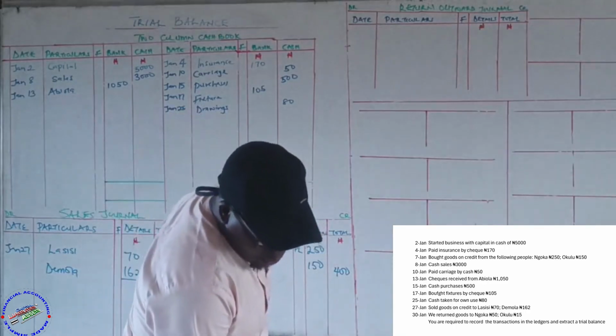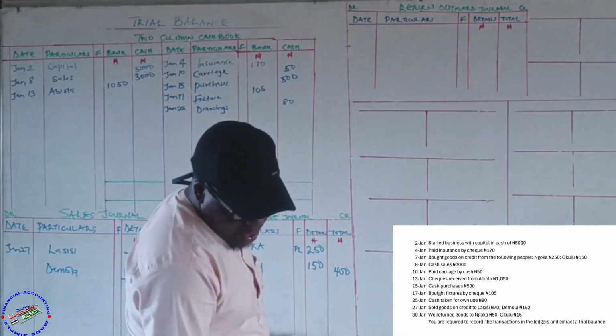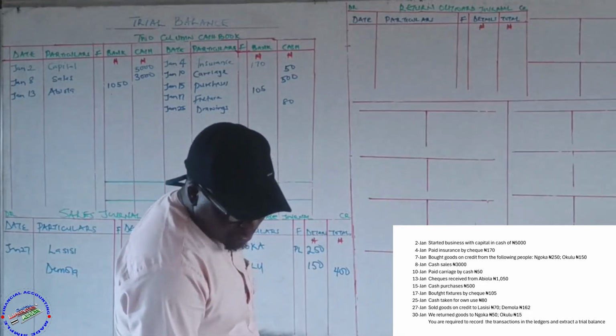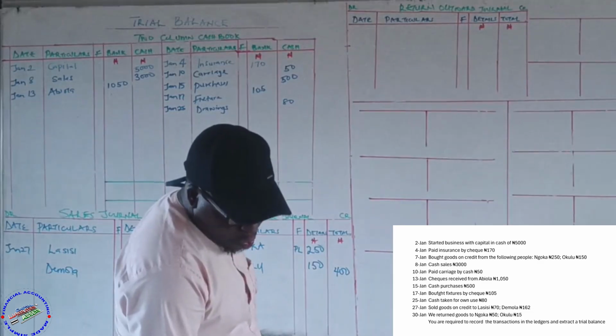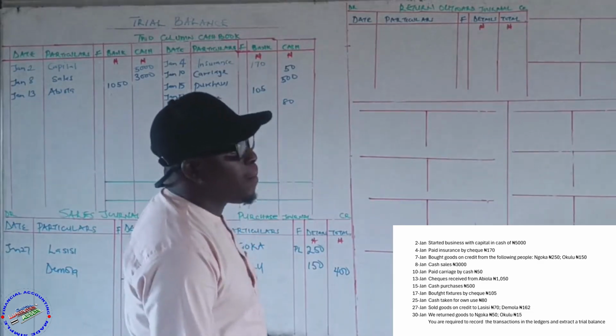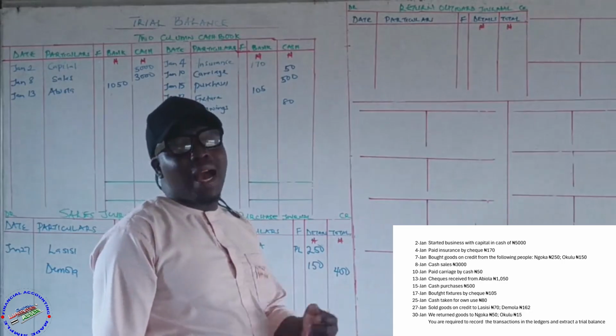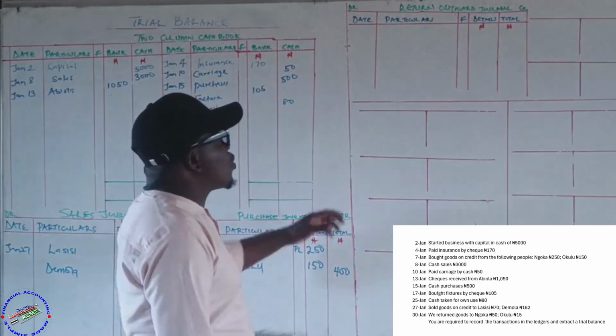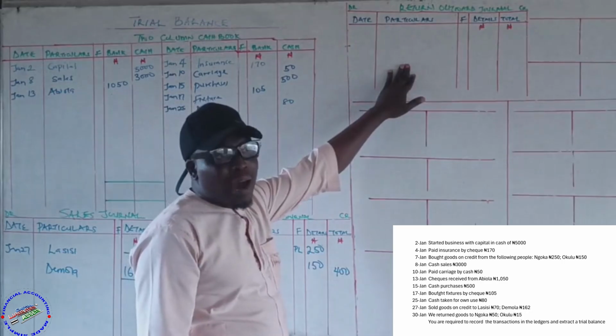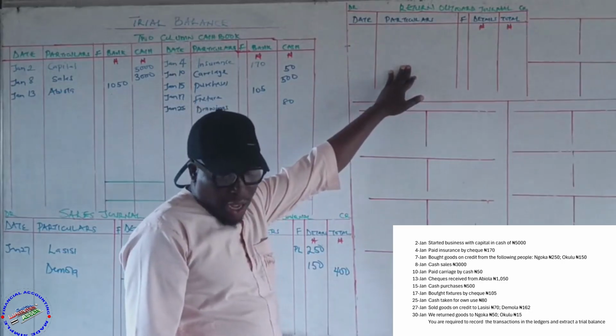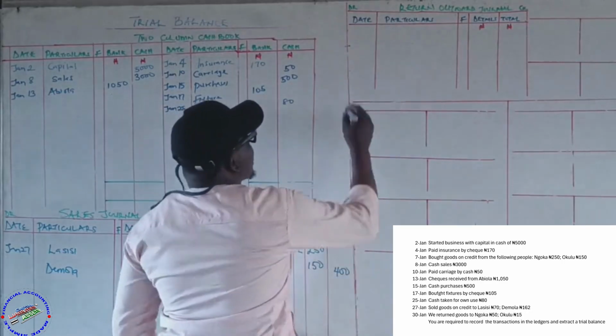So the last question we have is January 30. We return goods to Ngoka, 15 naira, Okulu, 15 naira. Part of the goods that were bought from Ngoka and Okulu were returned back to them. So it will go to return outward. So we have January 30.